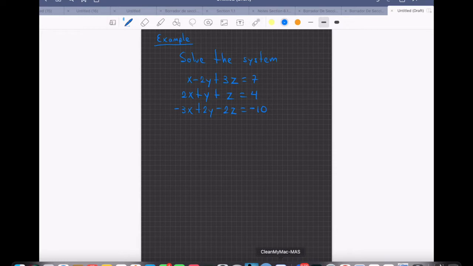So here we have three equations, equation 1, equation 2, and equation 3.